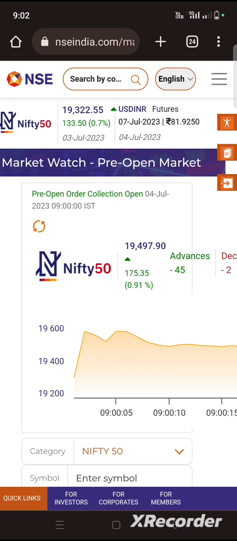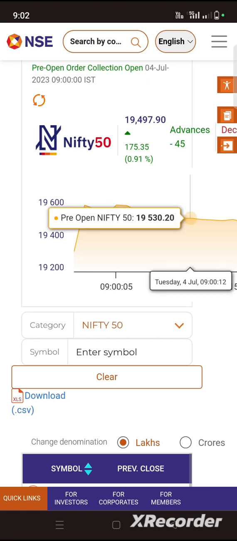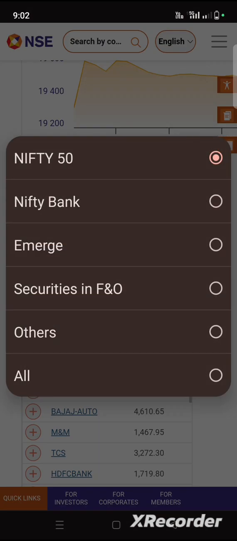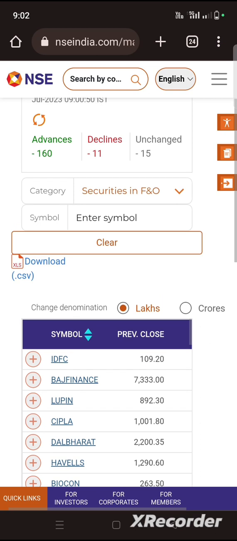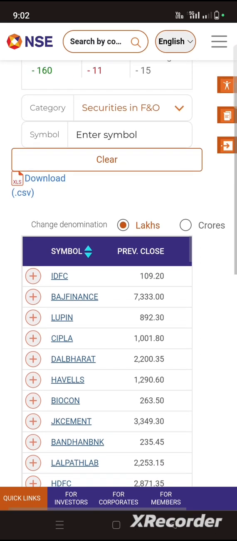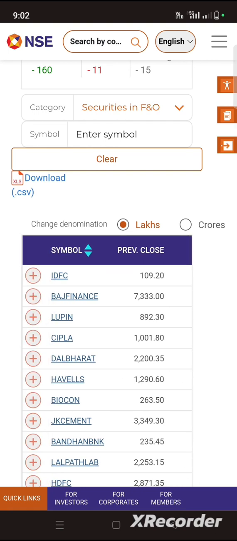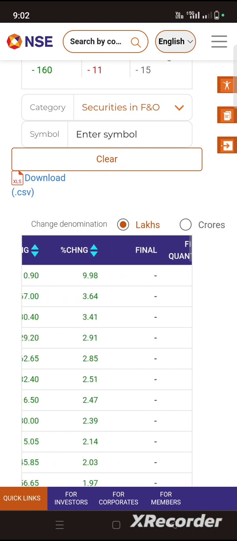Here I'll select Nifty 50. Usually I trade in securities in FNO stocks, so I select securities in FNO. From here I'll get the data. This is the gainers.